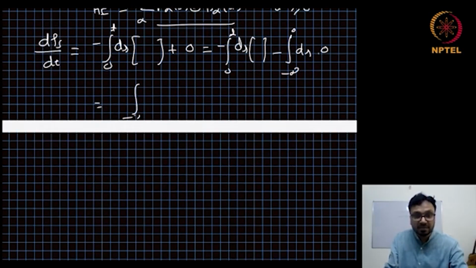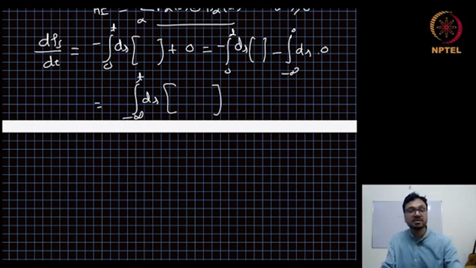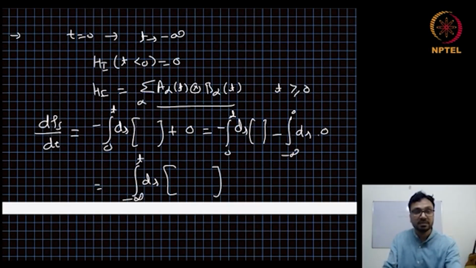We can write it from minus infinity to t, ds times the expression in terms of the interaction Hamiltonian H_I, and H_I is given by these two conditions: that it is 0 before t equals 0, and it is given by this expression for t greater than or equal to 0.